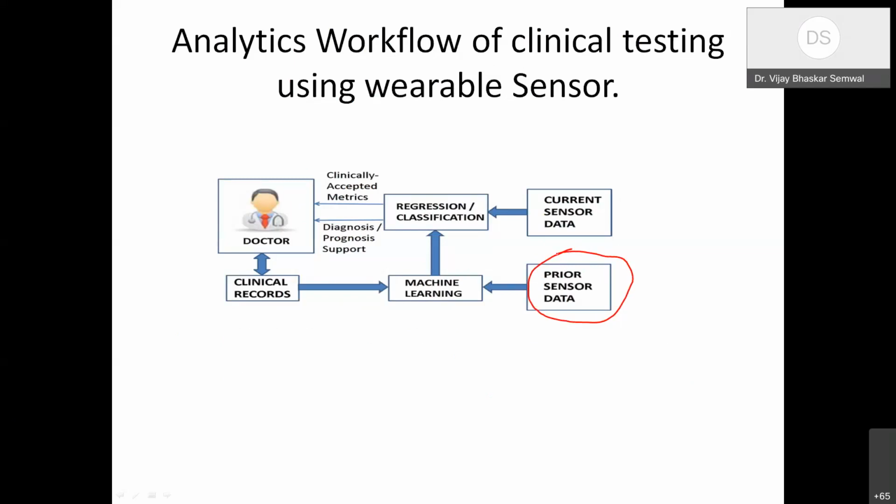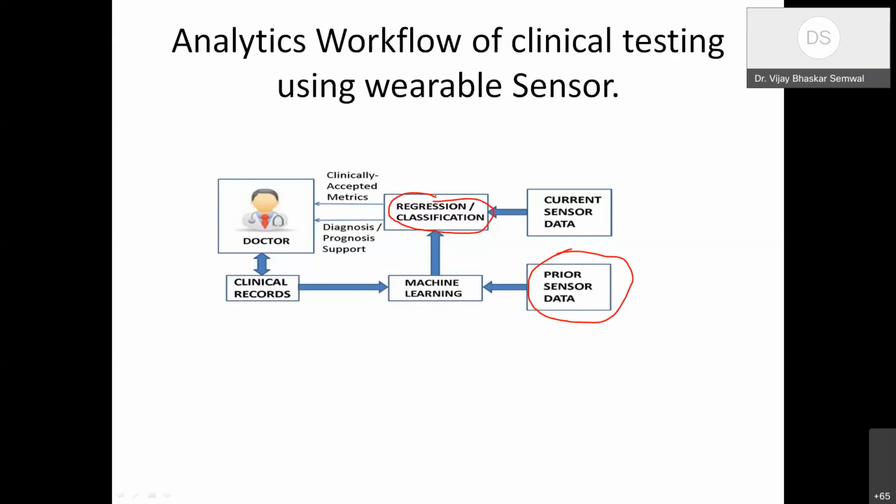Once the model is trained, we can test it over the new data which is coming in. So through the sensor's previous data we have trained the model. We have built our machine learning model, and that model is designed as a regression model or classification, whatever you want.